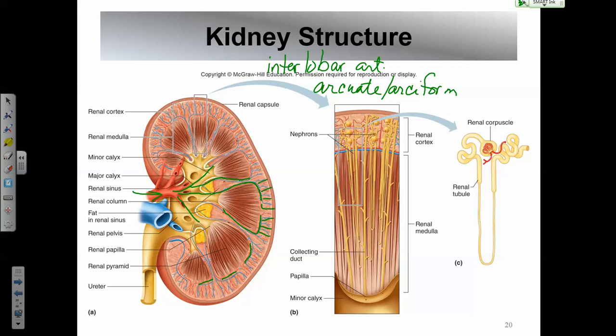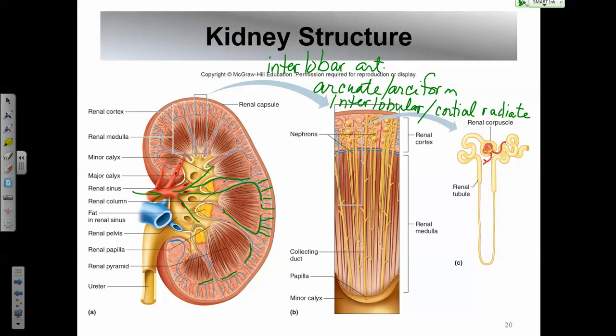Those are called the interlobular, not interlobar, but interlobular. And then they've renamed those, of course, they rename all this stuff. Interlobular, or, this is more descriptive, cortical radiate. Radiates out into the cortex. Cortical radiate artery.